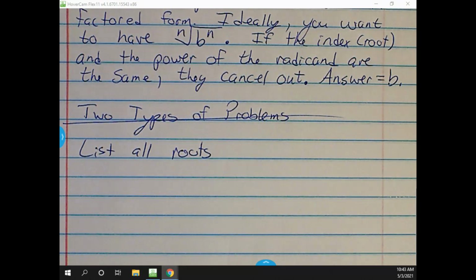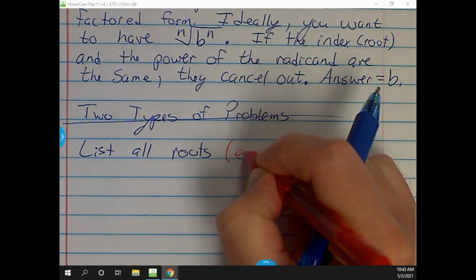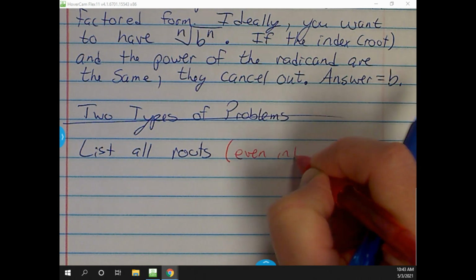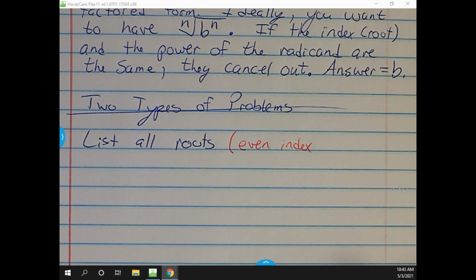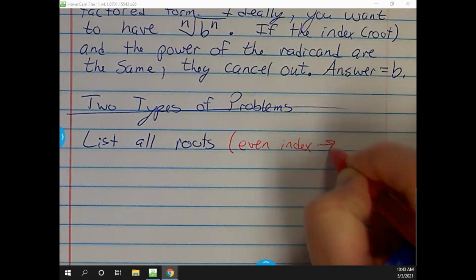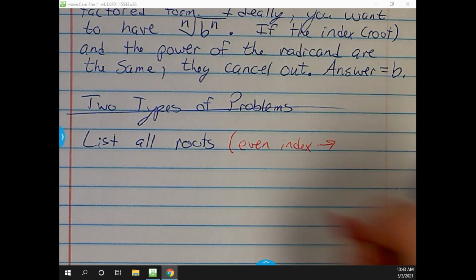And when it says to list all the roots, basically here's what we're doing. I hate to say it's like a two-part question, but if it says list all the roots, here's what it is. If you have an even index, then in your answer, you have to use plus or minus.